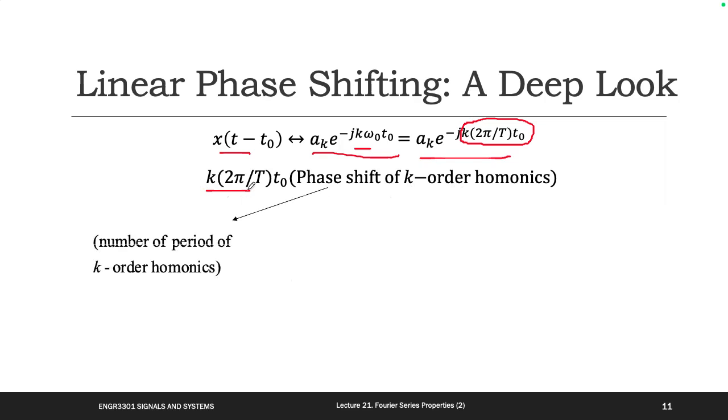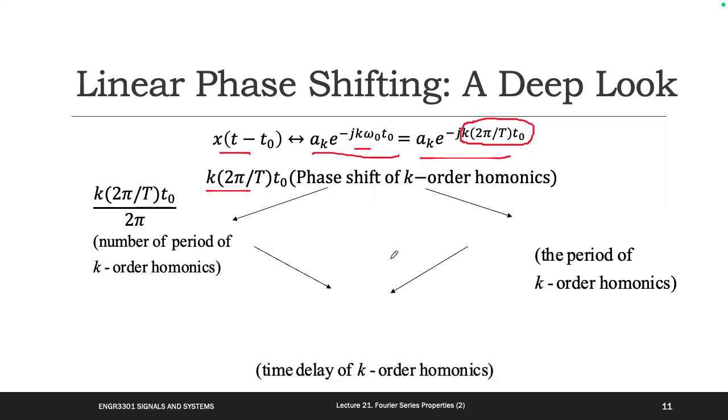And then this is the number of periods of the k-th order harmonic. For the number of periods of the k-th order harmonic, we multiply by 2 pi just to change it to an angle. And this is the period of the k-th order harmonic we talked about in chapter 3, in the beginning.